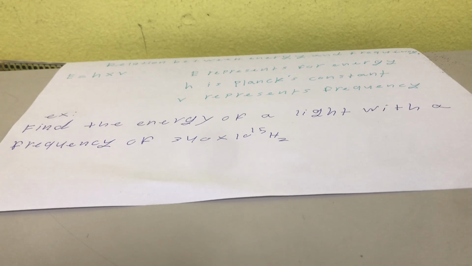Now what is Planck's constant? Planck's constant H has a value of 6.626 multiplied by 10 raised to the negative 34th power joules, where J is the symbol for joule, the SI unit for energy.